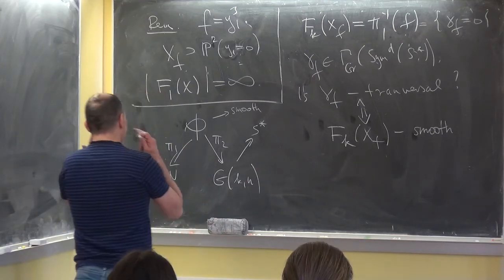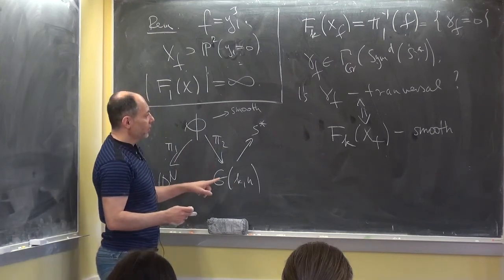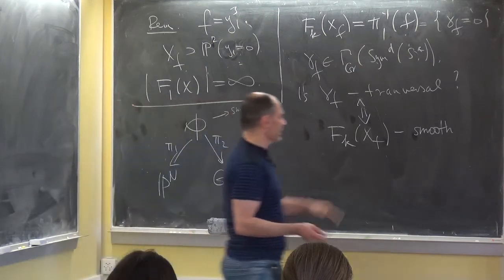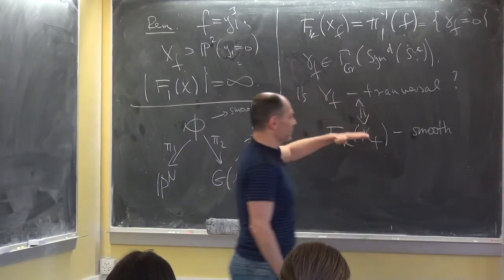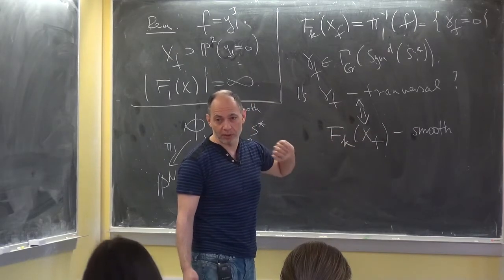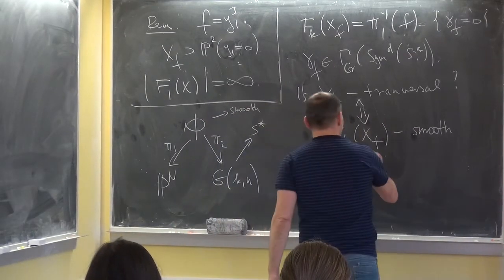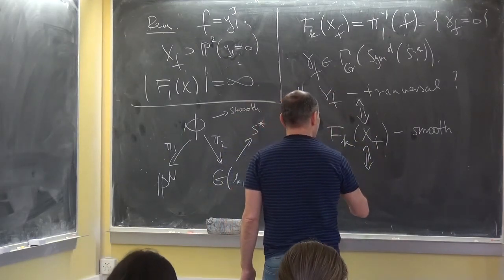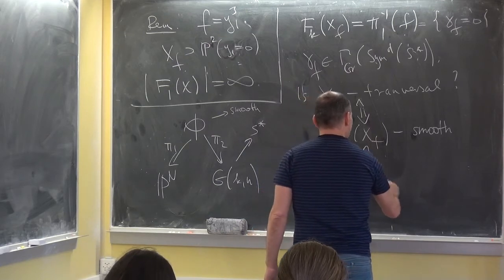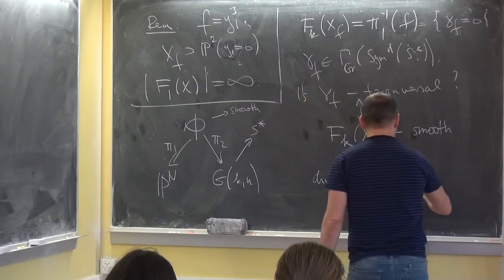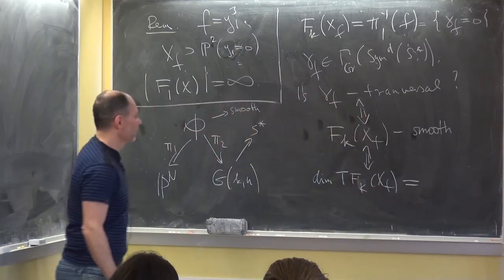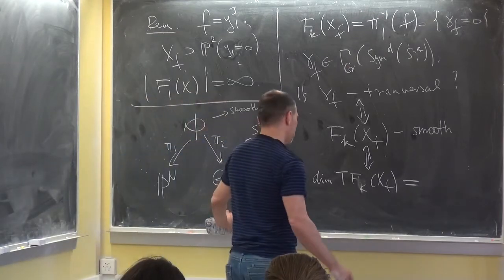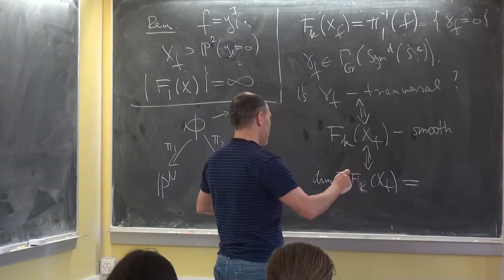But if we think of it that way, to say that thing is smooth is equivalent to the following. Remember the definition of smooth: we need to calculate the tangent bundle of this. F_k(X_f) is smooth if the dimension of the tangent space is equal to the expected dimension.